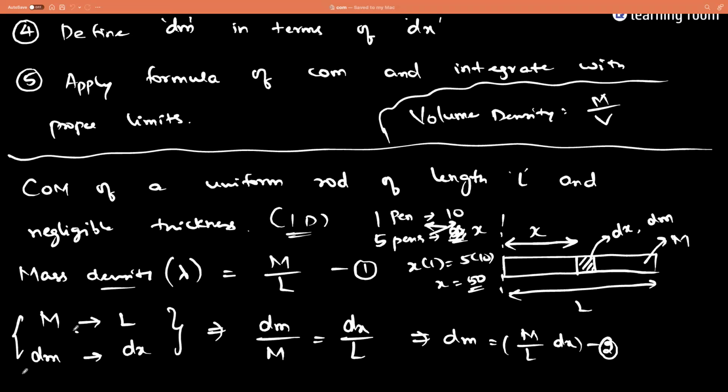Same logic: M into dx is equal to L into dm. Got it? Yes. If you're clear with this, I'll proceed.